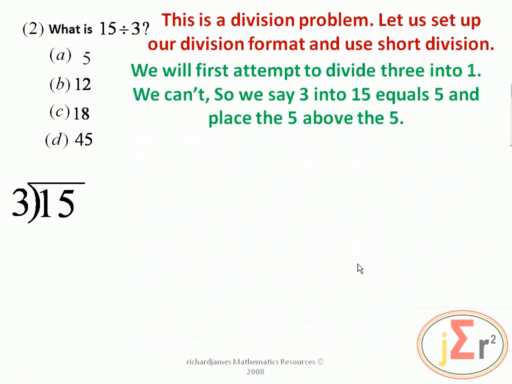We will first attempt to divide 3 into 1. We can't, so we say 3 into 15, and that equals 5. Right, and place the 5 above the 5. The correct answer is option A.